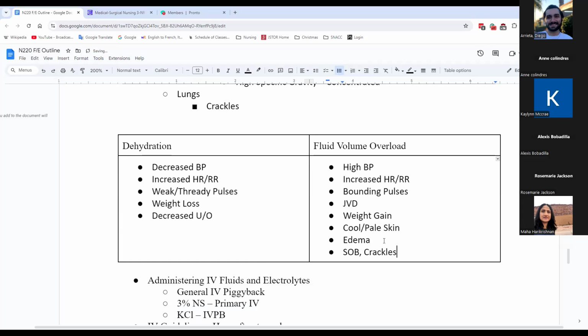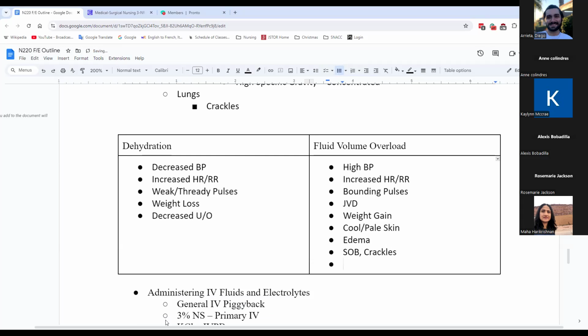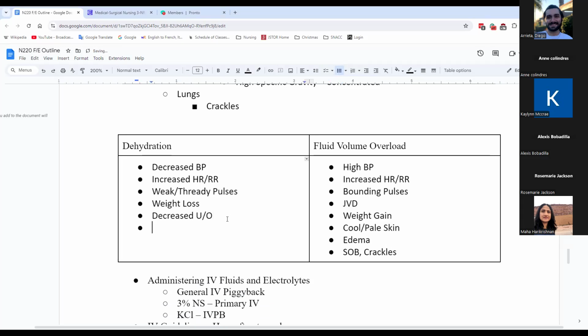Maybe some headaches. Dry scaling skin, sunken eyes. That's usually a late sign. For dehydration, you probably won't have crackles.